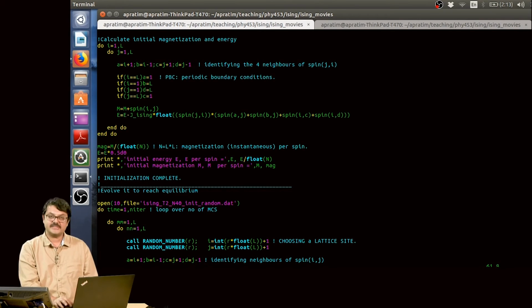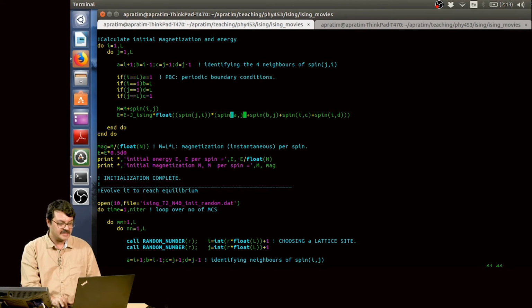So, you go to each lattice site; E had also been set to 0 right at the beginning of the code, and now you are doing minus J, Ising, being equivalent to the J, the energy scale of the problem, and then spin i j. So, you have to do the multiplication S_i S_j, summed over all neighbors, and that is exactly what has been done here.